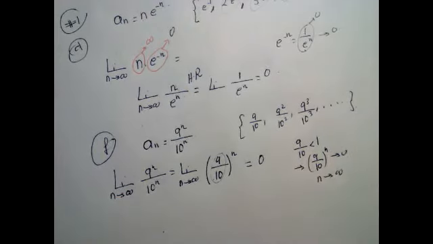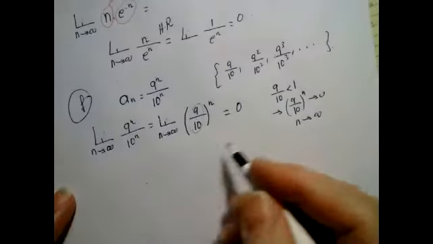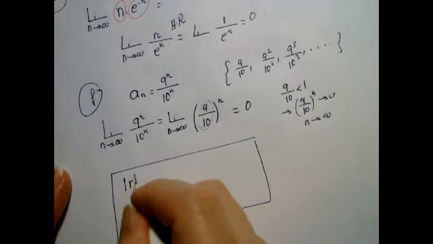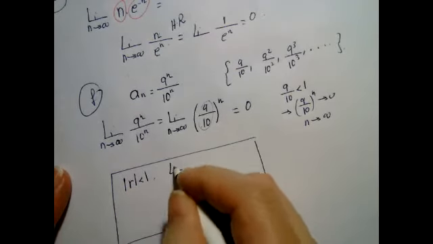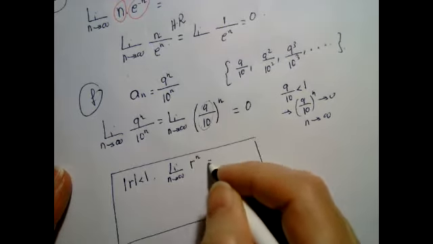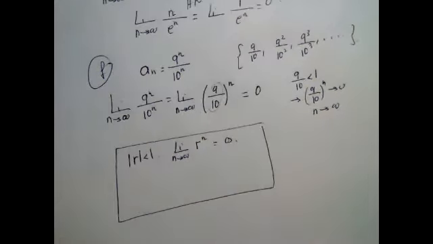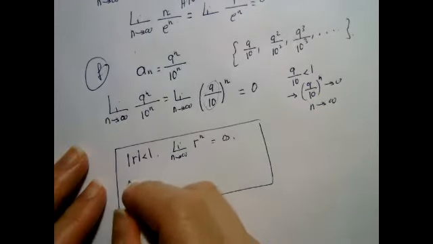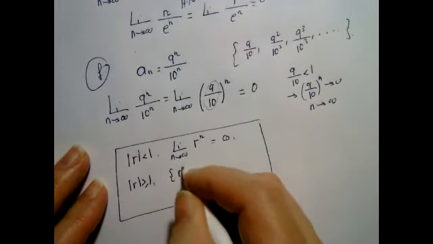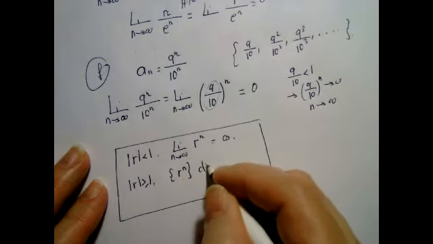Okay, so let me remind you what we saw in class. Suppose r is strictly less than 1. Then the limit of r to the n as n goes to infinity is equal to 0. If r is bigger or equal to 1, then the sequence r to the n diverges.